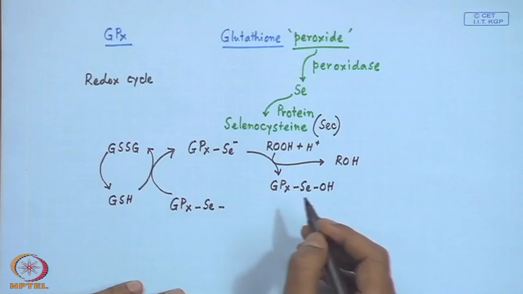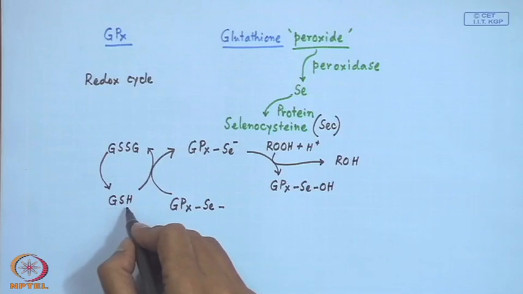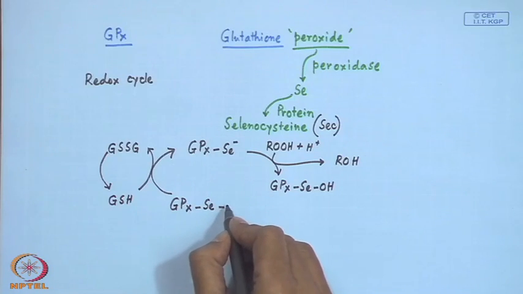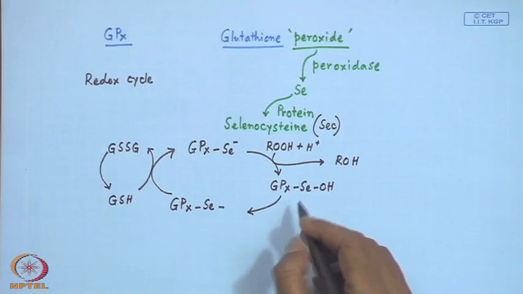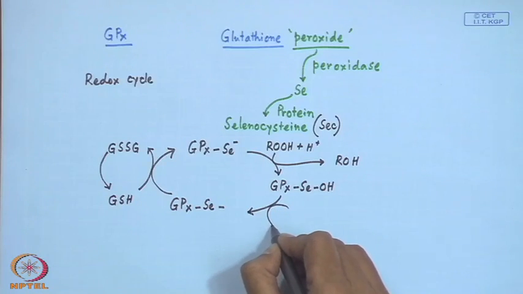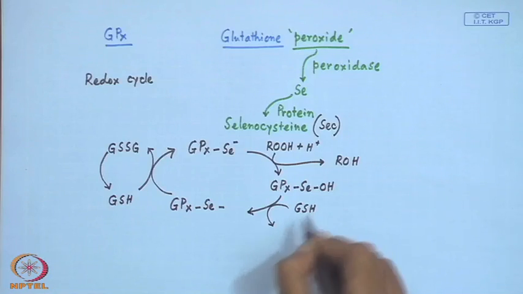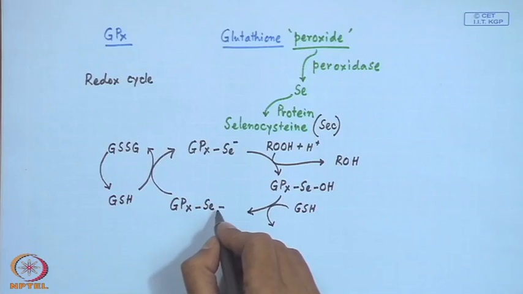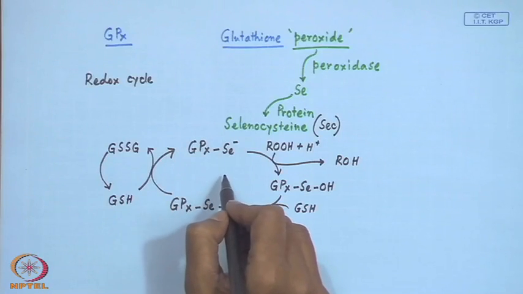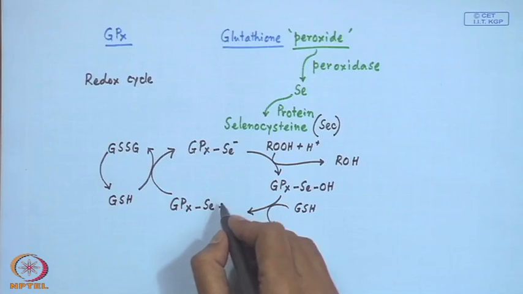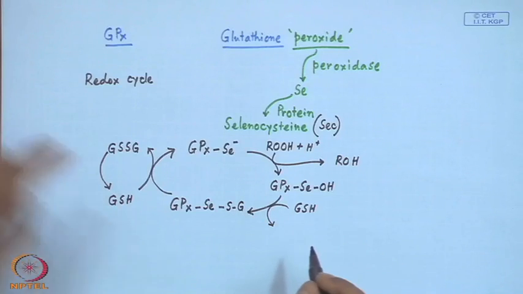So, when it goes for the reaction with this GSH, the GSH is coming from this side, and this GSH goes and attacks this particular selenium bearing glutathione peroxidase, forming the Se-SG group.